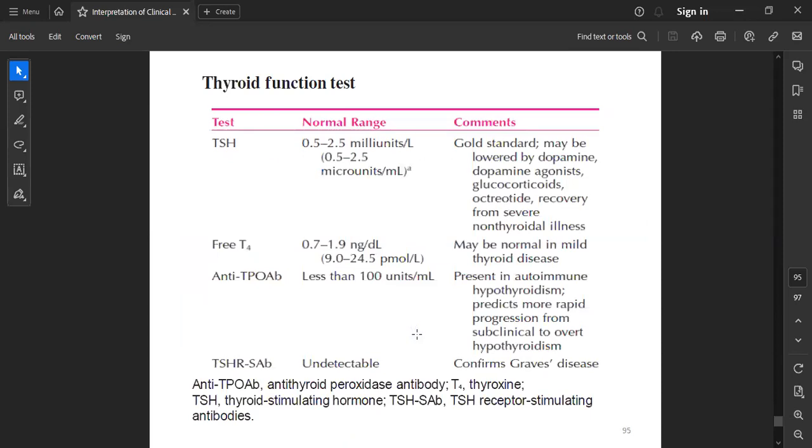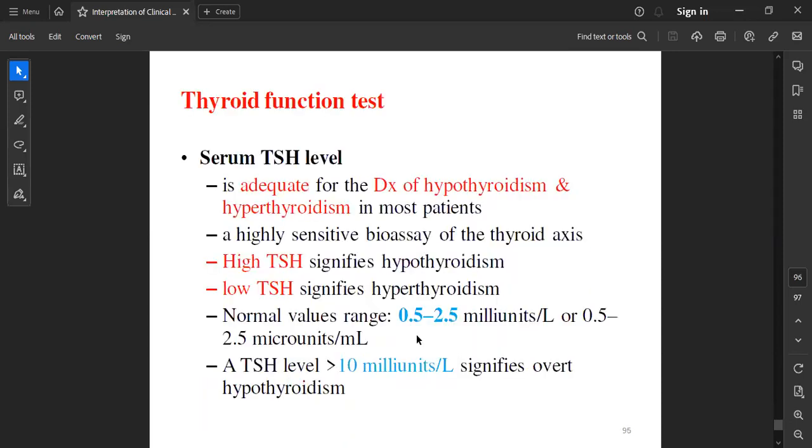The other test that is usually carried out is for the assessment of thyroid function. We know we have TSH, T3, T4. Let me see. Yeah, this one has explanations. So TSH levels are adequate for the diagnosis of hypothyroidism and hyperthyroidism in most patients. A high TSH signifies hypothyroidism.